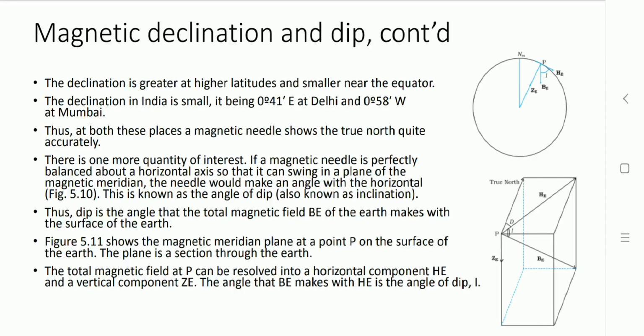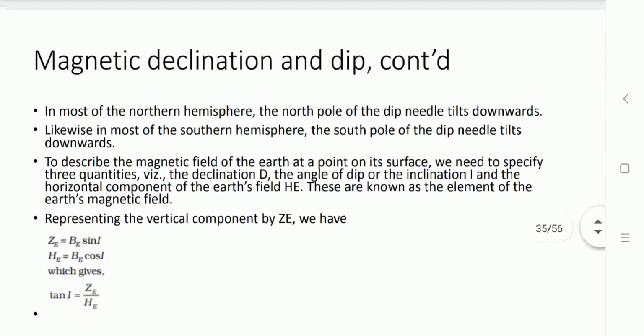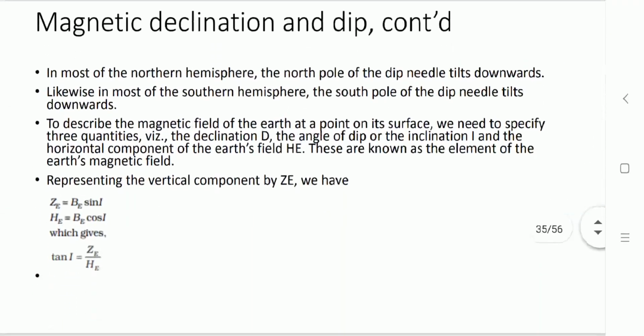The angle between the horizontal component of BE and BE itself is known as the angle of dip or the inclination, that is I. In most of the northern hemisphere, the north pole of the dip needle tilts downward. Likewise, for the southern hemisphere, the south pole of the dip needle tilts downward.